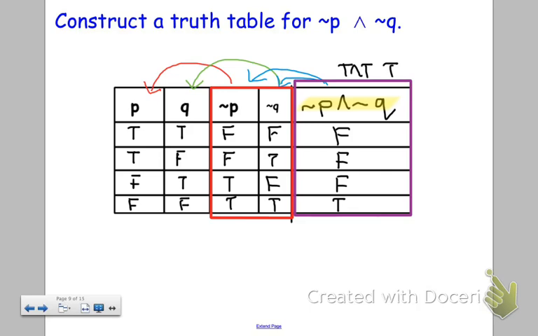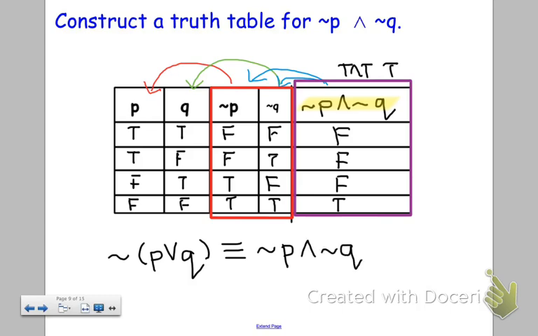Anytime they have the same results like that, it means that they are equivalent. So by constructing these two truth tables, we know that if we negate the quantity P or Q, it's equivalent to not P and not Q.